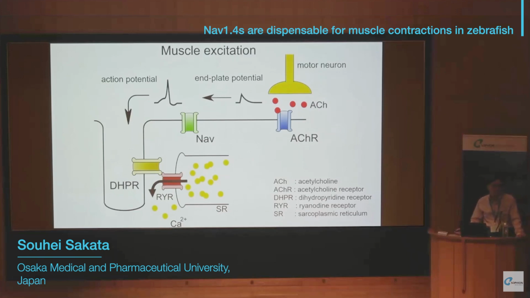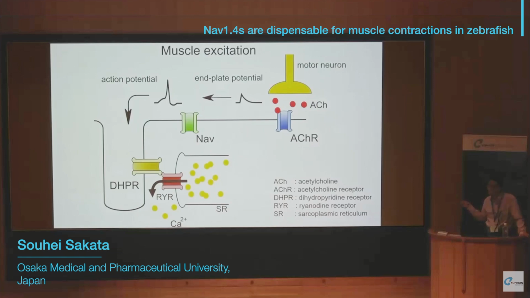So in the motor neuron, there's no action potential, right? An action potential is generated in the motor neuron and acetylcholine is released.